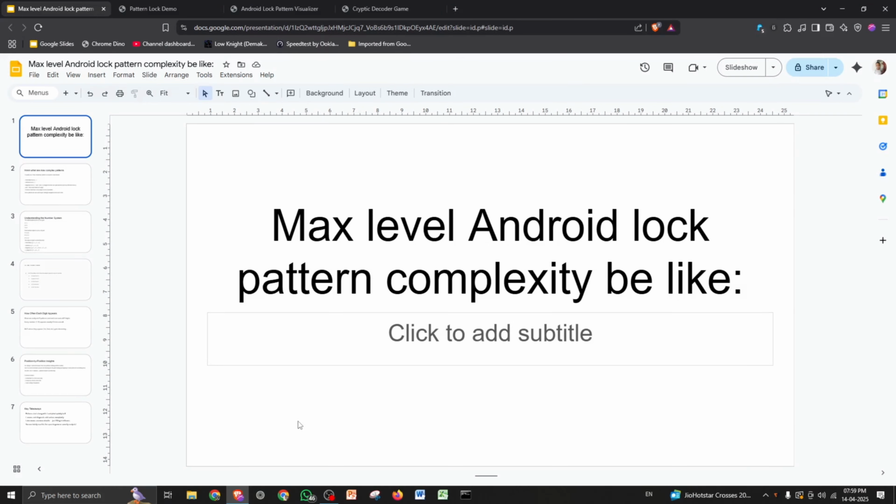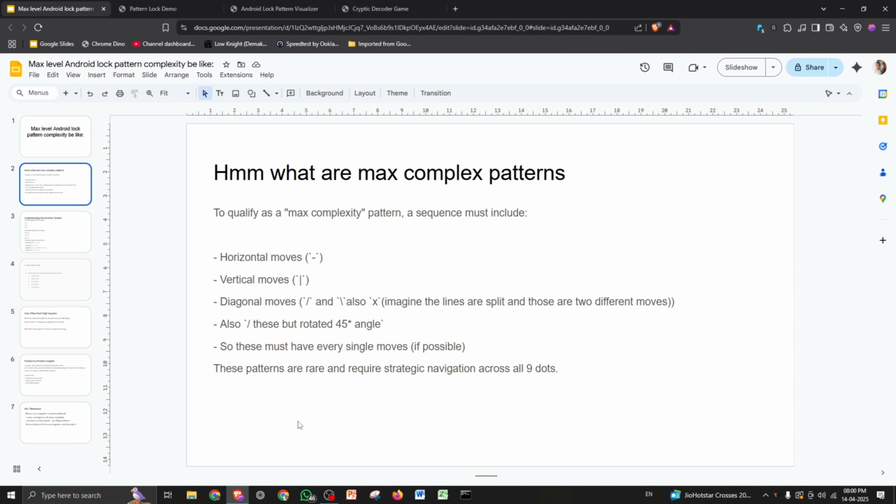Hello world, today we are going to see what a max level Android lock pattern complexity will be like. So we have to define, of course, what a max complex pattern is.